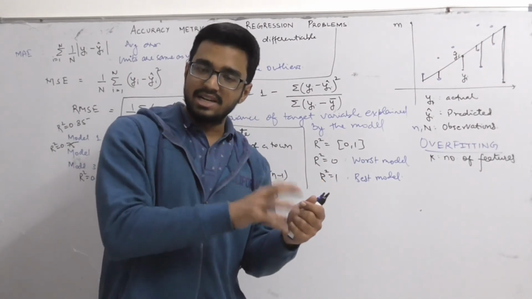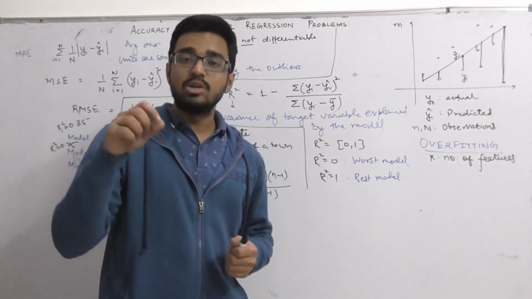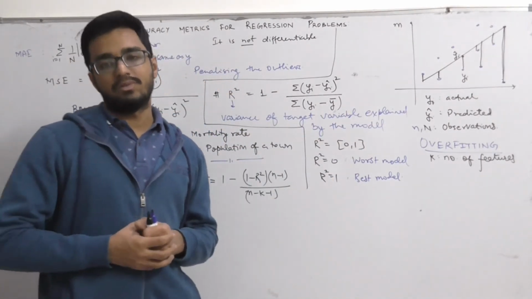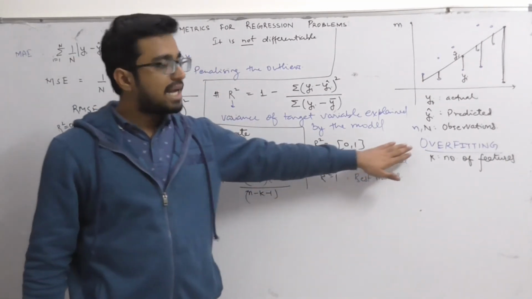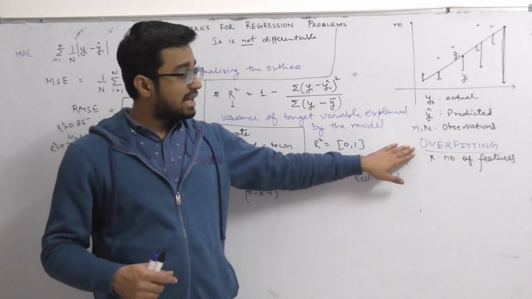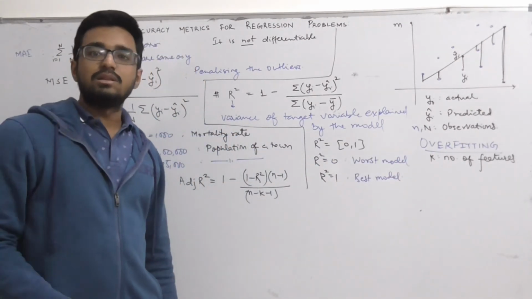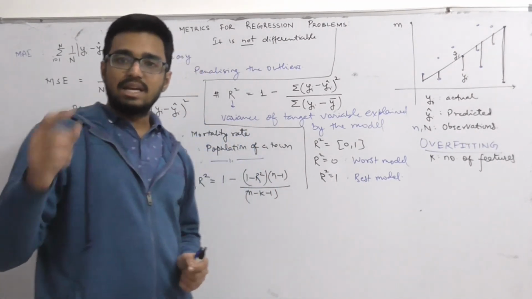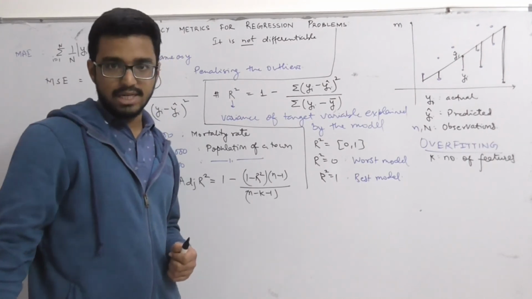Once it has fitted that noise, it will perform worse on the test set, on the new data. Hence, in that condition, you will get a problem of overfitting. R square is not able to explain whether the model is overfitting or not. That is the reason why we need the adjusted R square, which can tell us that yes, your model is overfitting the data.